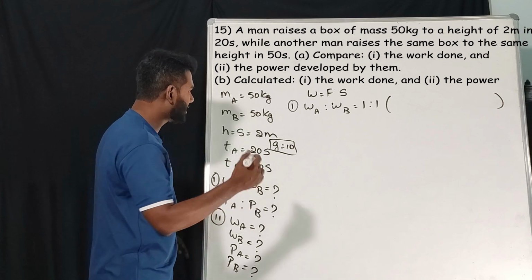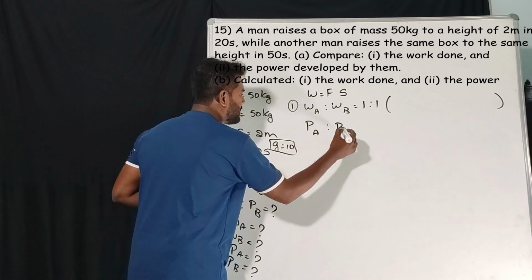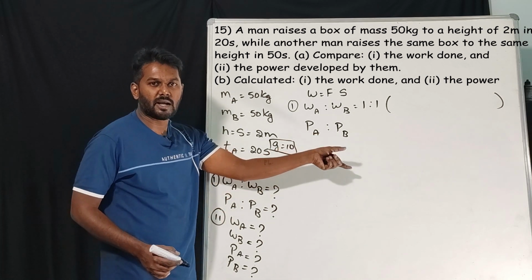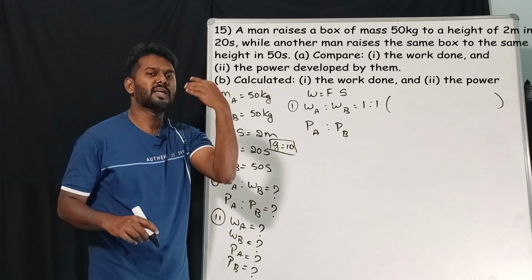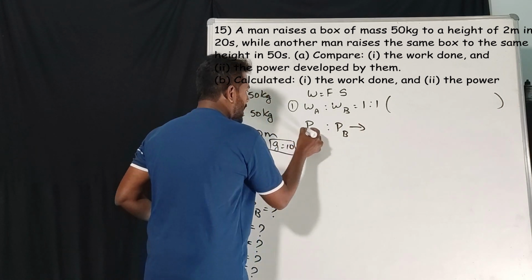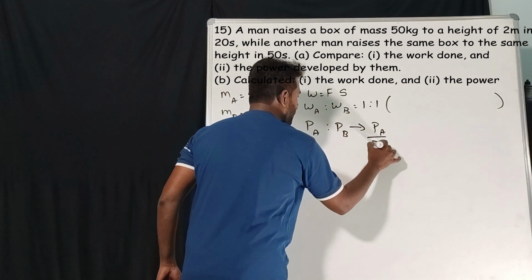Next, we'll talk about power spent by A and power spent by B. See, whenever something is in the ratio, you can write it as a fraction. If something is in the fraction, you can write it as a ratio. I'll give you an example. PA is to PB, you can write it as PA by PB.